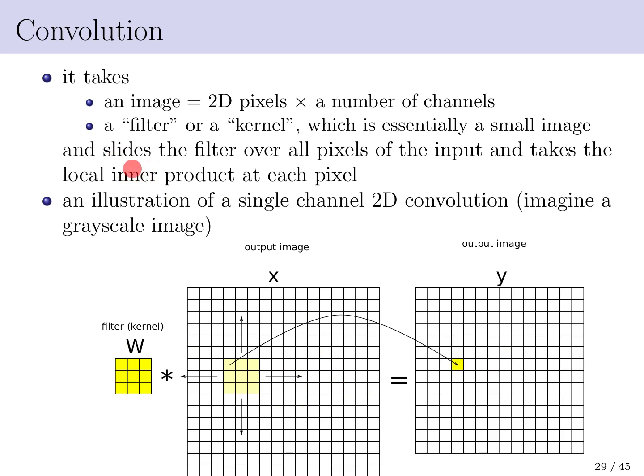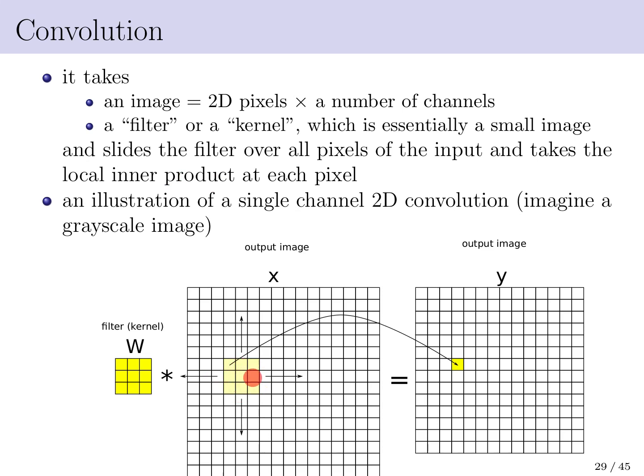It slides the filter, the small image, over all pixels of the input, like this, and takes the inner product at each pixel. So the inner product between the kernel and the pixels in the input image.